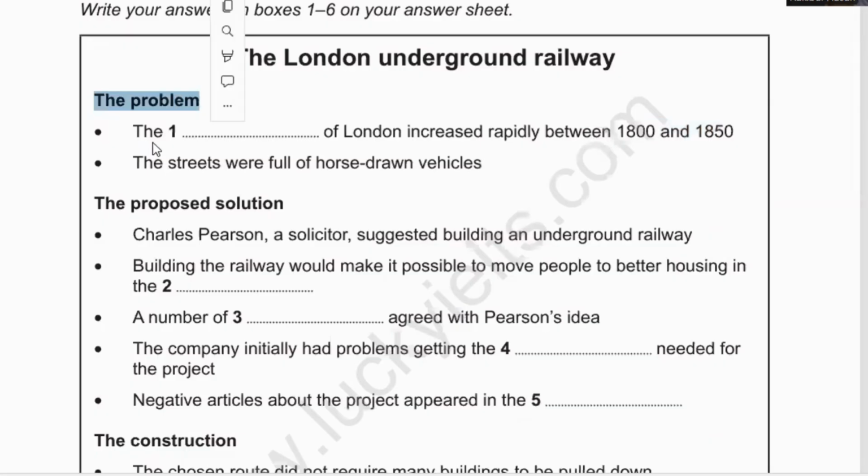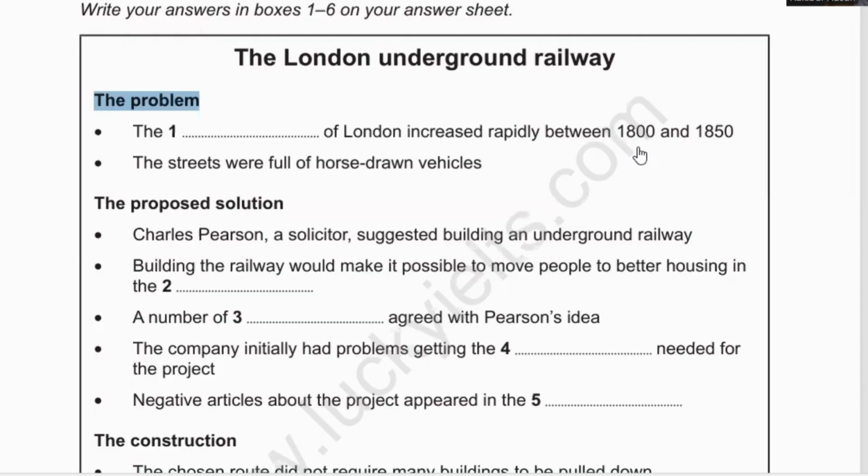In the first question, the problem is mentioned. Question one is: the dash of London increased rapidly between 1800 to 1850. So there are two years mentioned, 1800 to 1850. First of all, this is the keyword.